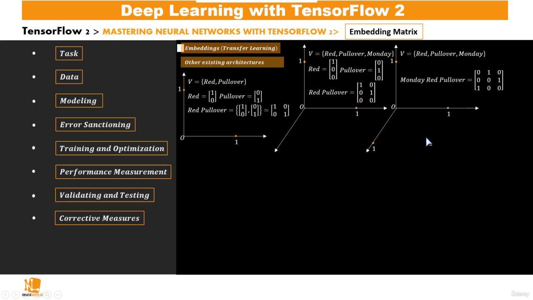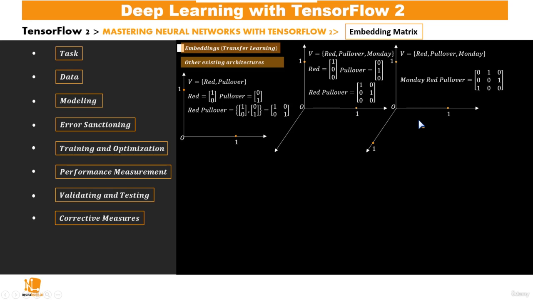So what if we could modify this way of representing our data such that the words read and pullover will be more related as compared to the words Monday and read? And that's very clear because Monday and read don't have much relation as compared to the words read and pullover. In many sentences, we are going to use the words read and pullover far many more times as compared to when we use the words Monday and read.